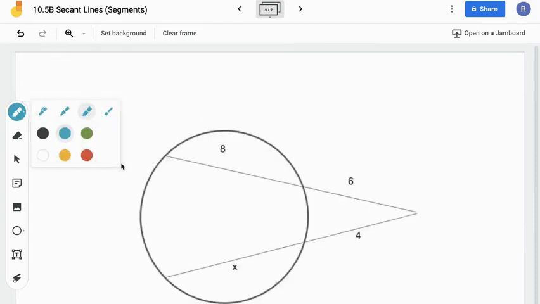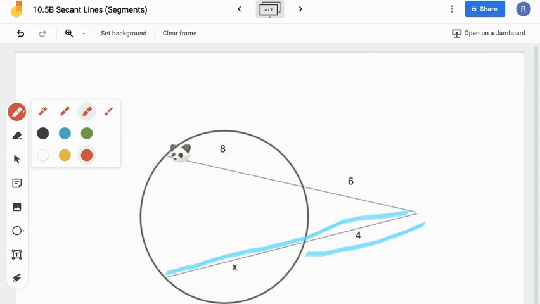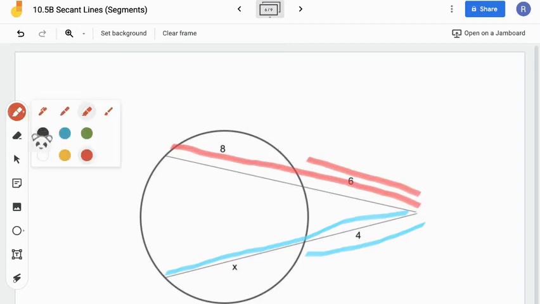Okay, here's our next example. Now remember, we want to take this entire length times the outside length. And that should be equal to the other entire length times the outside length. So let's go ahead and set that up.